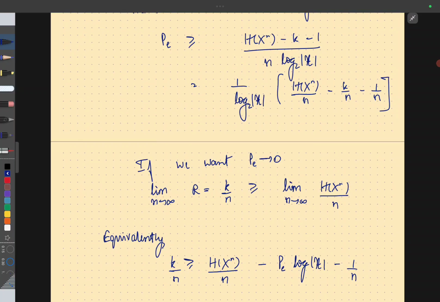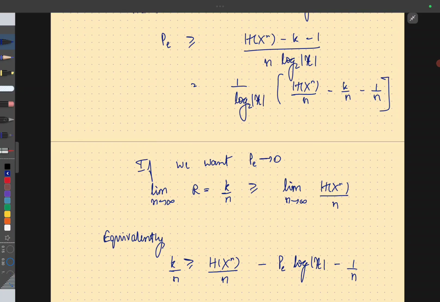You don't know if the right hand side can be achieved. But you know that no matter what you do, no matter how you design your system, this is a fundamental lower bound on the probability of error. So if you choose your rate to be too small, then no matter what you do, you can't achieve a smaller probability of error.